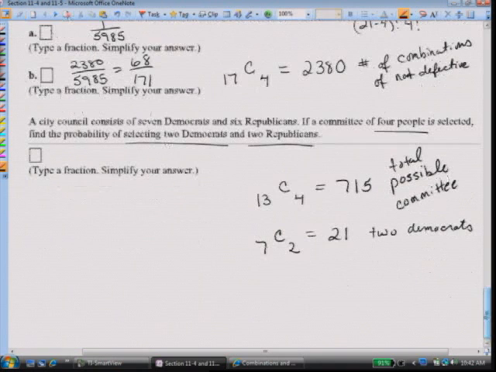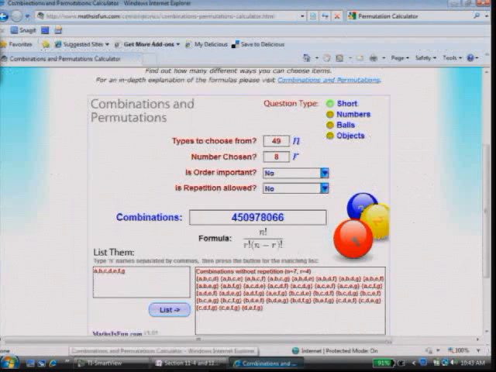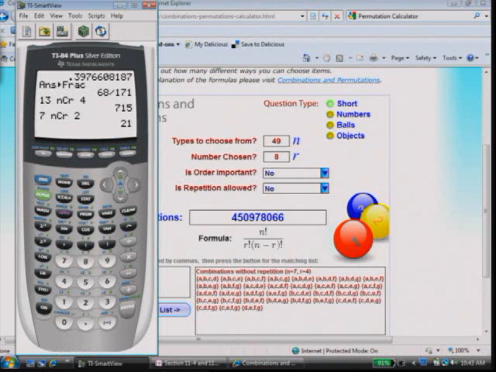And if there's 6 Republicans, we could do 6 choose 2, and that'll be the number of combinations for the Republicans. So that's 15.